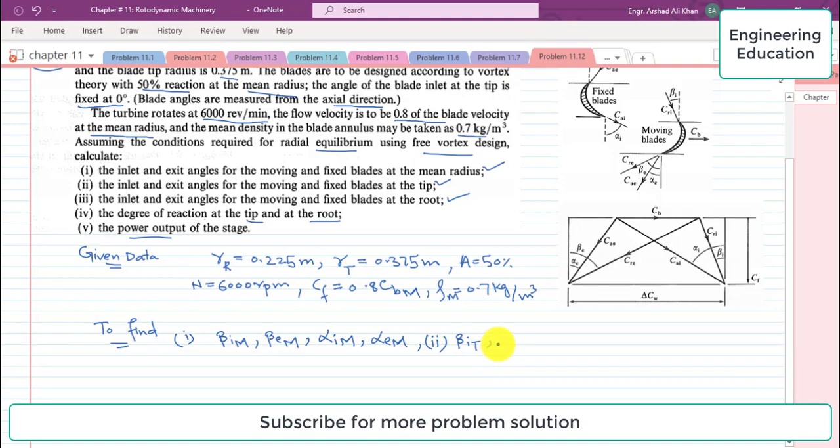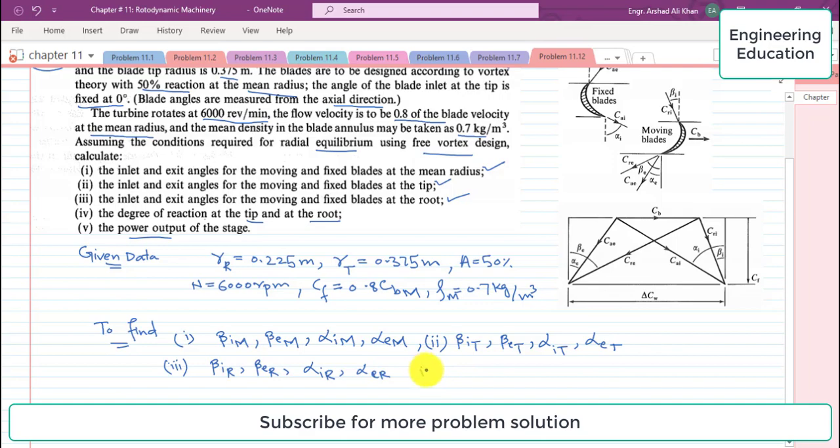So beta IT, beta ET, alpha IT and alpha ET. Similarly, third, we are required to find these angles at root, beta IR, beta ER, alpha IR and alpha ER.